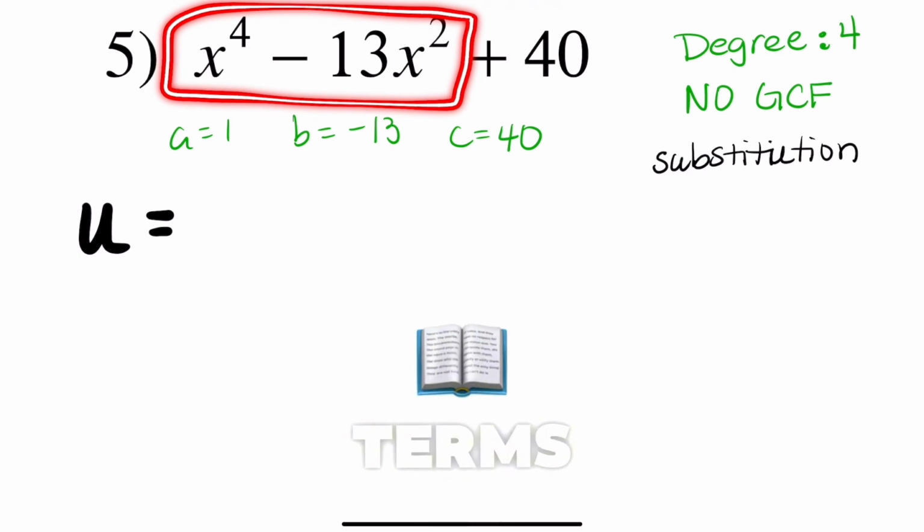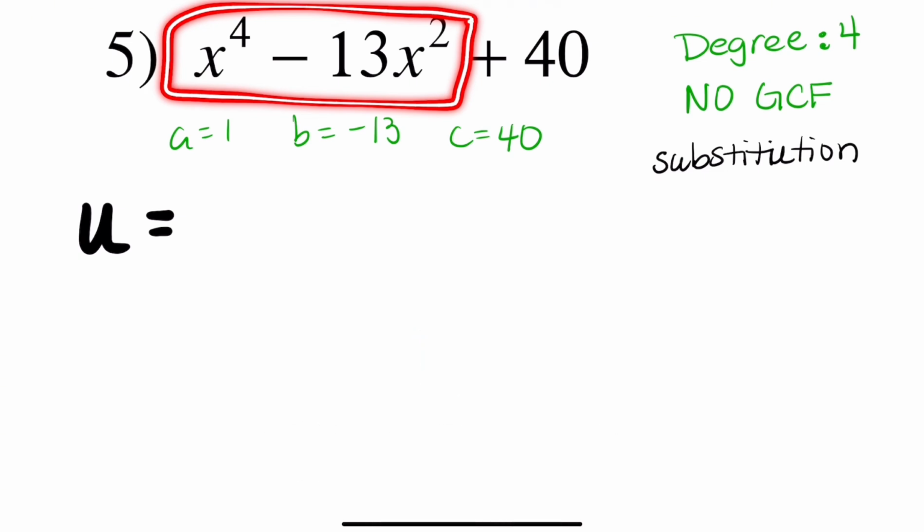So these are the 2 terms that have a variable. And you're going to take the GCF of those terms.